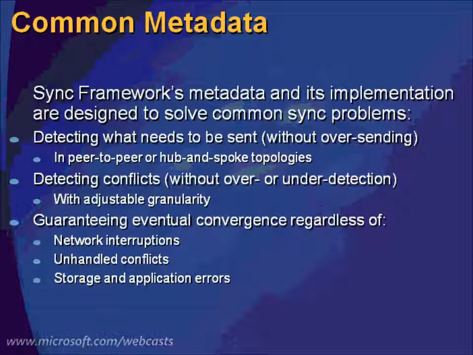So even if your network goes down, there's some kind of exception raised in your network stack, or conflicts are logged. Maybe there's another endpoint that, because of the topology, gets synced a couple of hops later than the current endpoint that you're working with. Maybe there are write errors or file access errors or anything like that. Eventually, we will sync everything, so it's guaranteed.